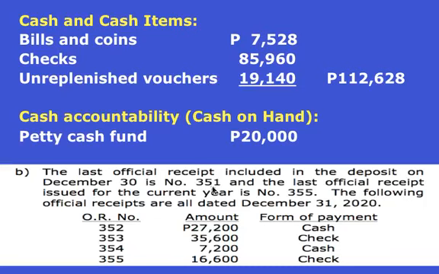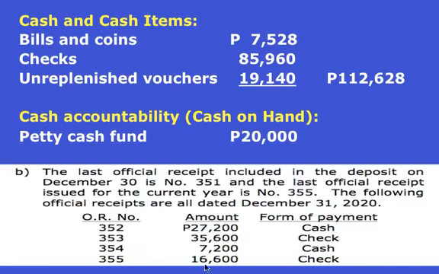Yung last OR issued, 355. So, kung ang last OR na naisama sa deposit ay 351, lahat ito hindi pa na-deposit yan. At dahil hindi pa na-deposit, nasan yung pera or yung cheque? Nandoon sa office. Cash on hand yan.